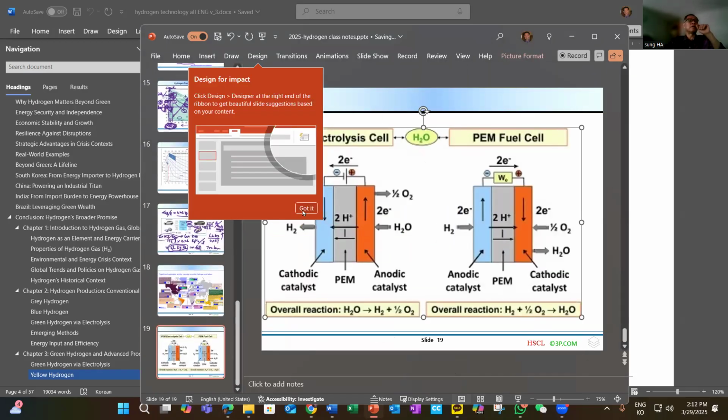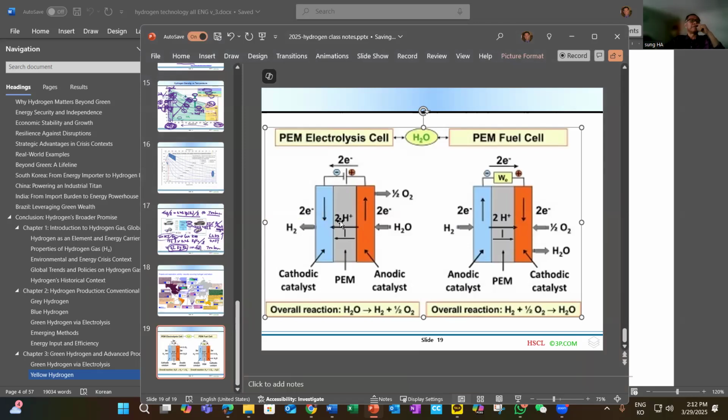This is the explanation of the difference between them. The PEM method can be used to generate hydrogen by electrolysis, and the reverse procedure is a fuel cell, PEM.